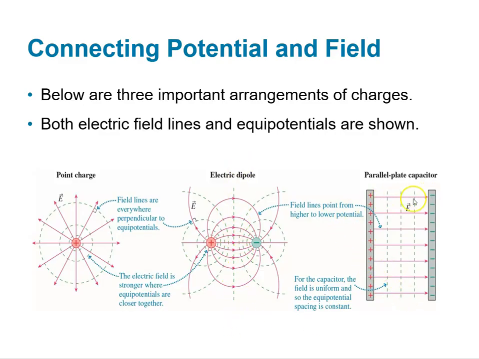In a parallel plate capacitor, the equipotential lines are evenly spaced, and the potential has to do with how far away you are from the positive plate. The electric field is also very uniform. In all cases, the electric field lines are perpendicular to the equipotential lines.